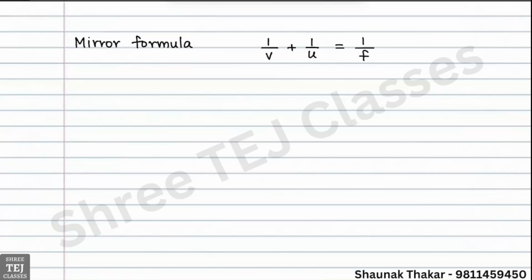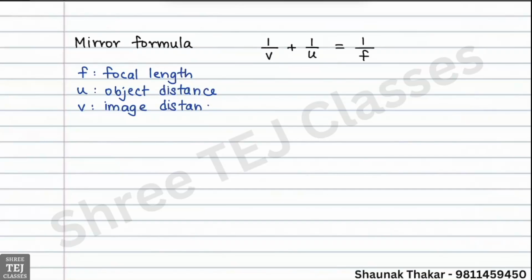So f is the focal length, u is the object distance and v is the image distance. Now for concave and convex mirror, the focus is either in front of the mirror or behind the mirror.